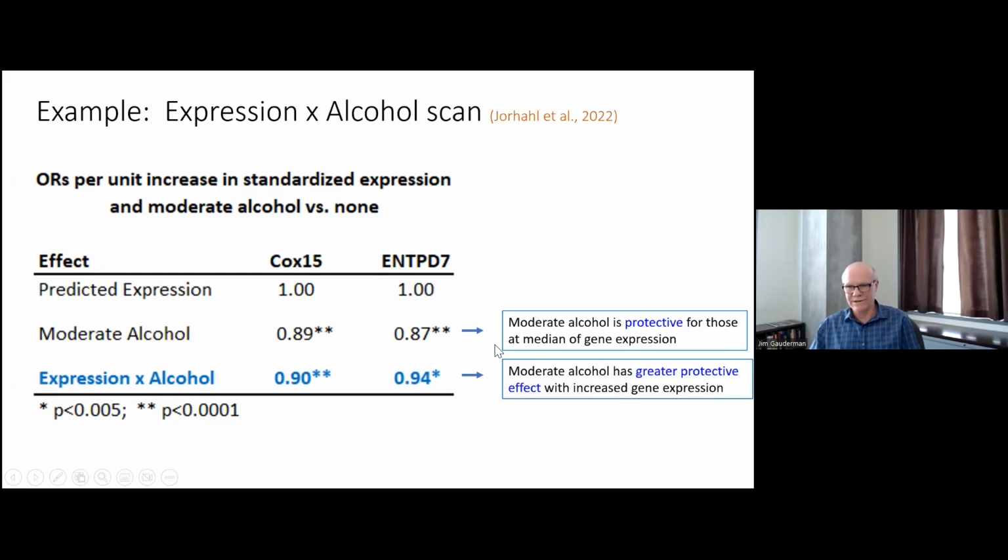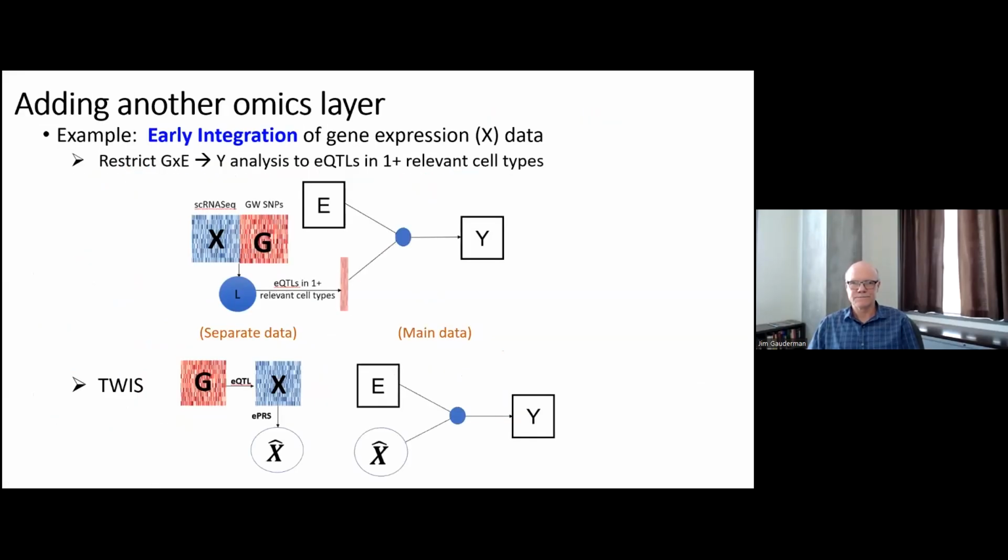And we did. We saw the expected moderate alcohol having a protective effect, and an additional protection that came as the expression in these loci increased. So that's an example of late integration.